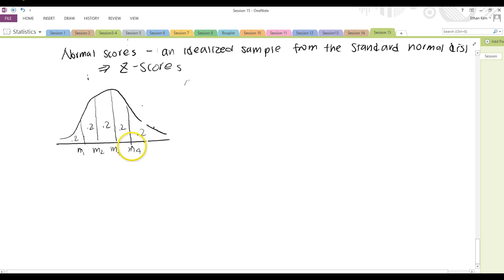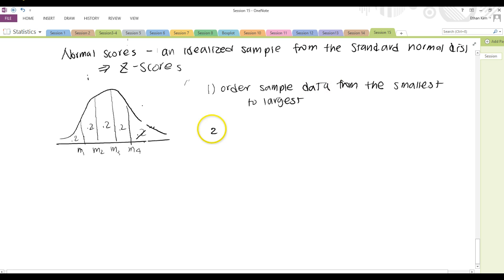In a normal scores plot, first we're going to order the sample data from the smallest to largest.